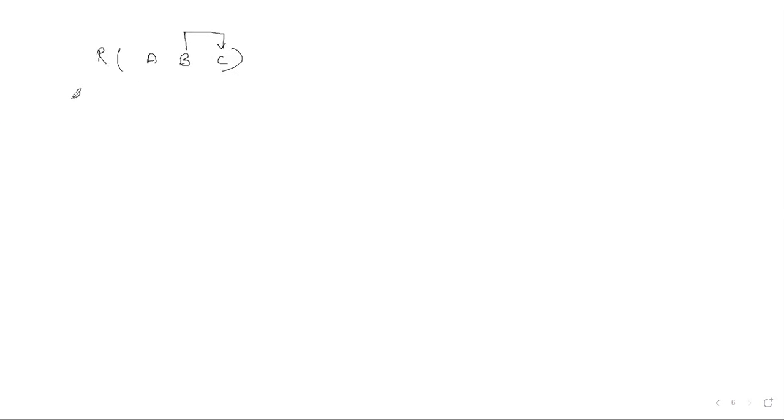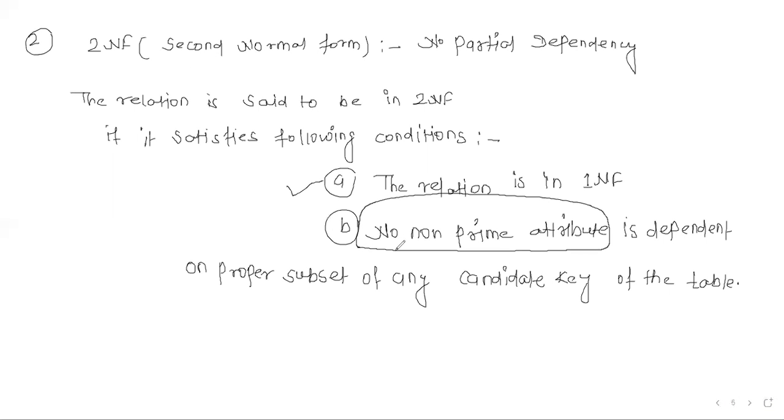What is given to you? The functional dependency is given: B can determine C. Now, what is the second case? No non-prime attribute is dependent on a proper subset of any candidate key, or no non-prime attribute should be partially dependent on a candidate key. It should be fully dependent on the candidate key.